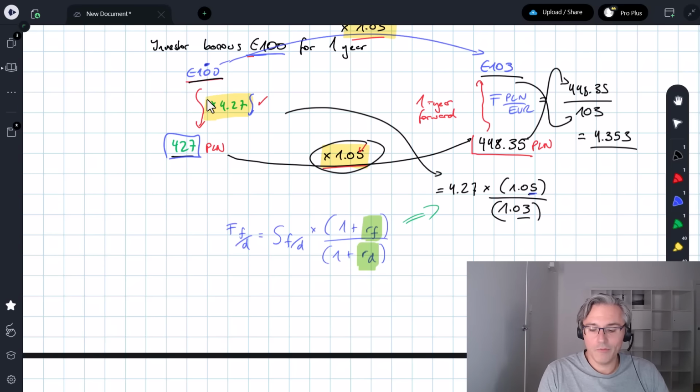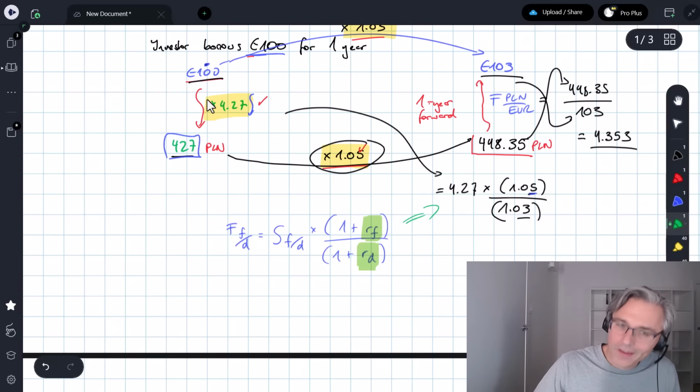Don't scale the 1.05, scale the 5 or the 3. So the forward rate is a function, let me stress this again, of the interest rate differential scaled for time.